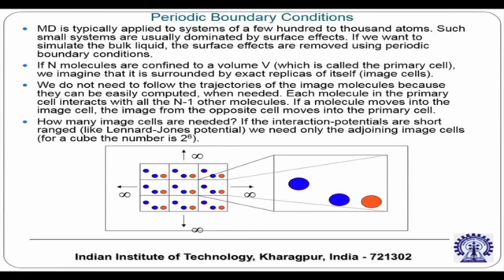If n molecules are confined to a volume V, we imagine that it is surrounded by exact replicas of itself. We do not need to follow trajectories of the image molecules because they can be easily computed when needed. Each molecule in the primary cell interacts with all the n-1 other molecules. If a molecule moves into the image cell, the image from opposite cell moves into the primary cell.